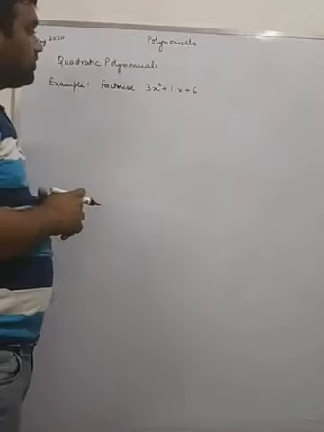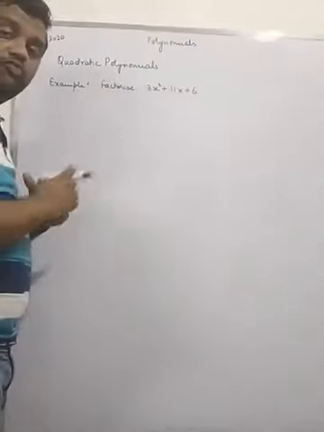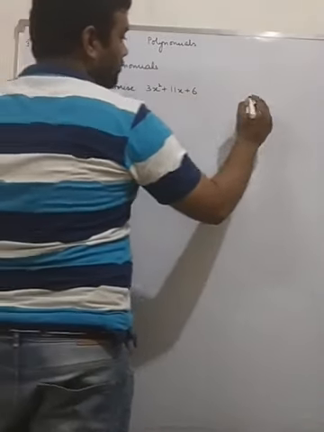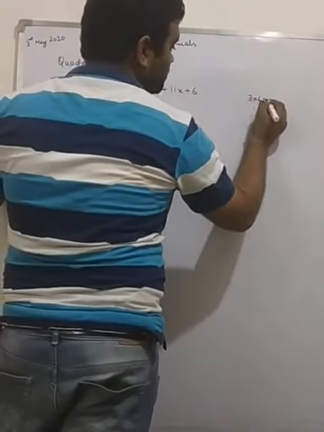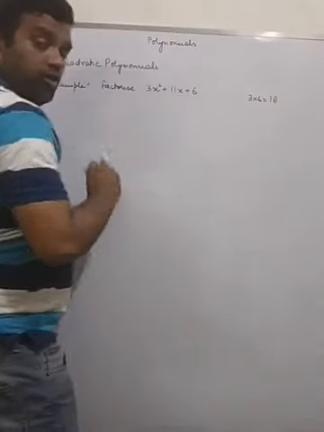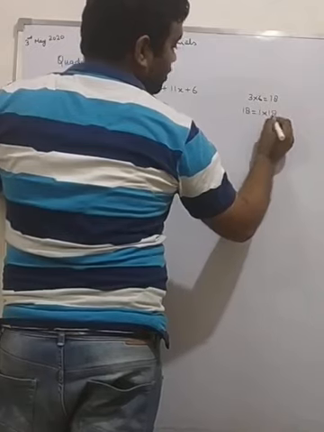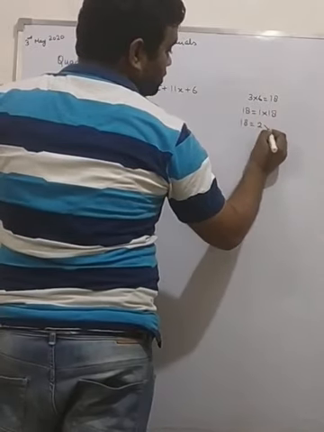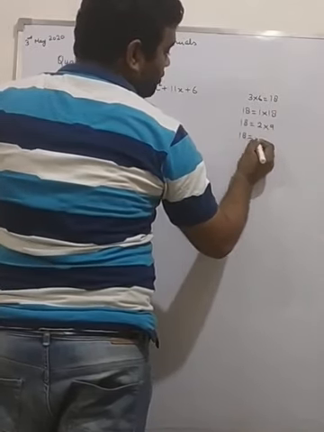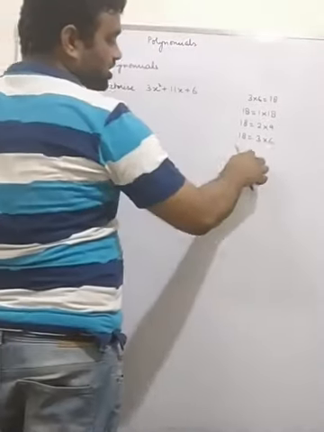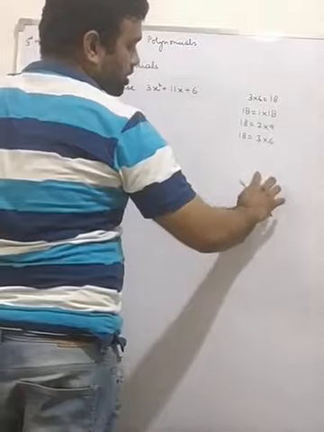The first step of factorization of a quadratic polynomial says we multiply A and C. If we multiply 3 into 6, it will give me 18. Now we find some factors of 18. 18 can be written as 1 into 18, 2 into 9, 3 into 6. After this, the repetition will be there: 6 here, 3 here, 9 here, 2 here, 18 here, 1 here.